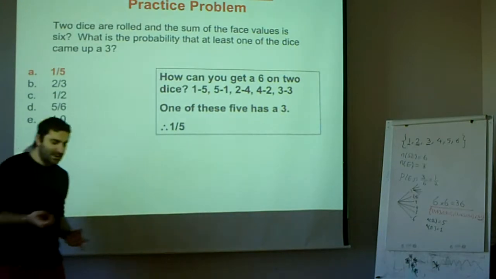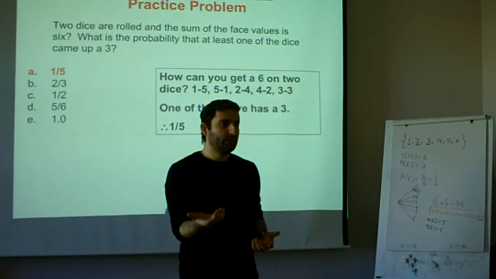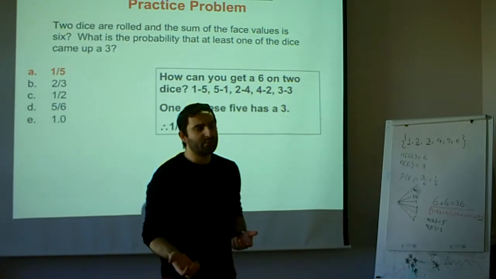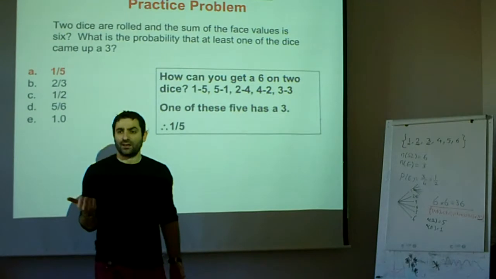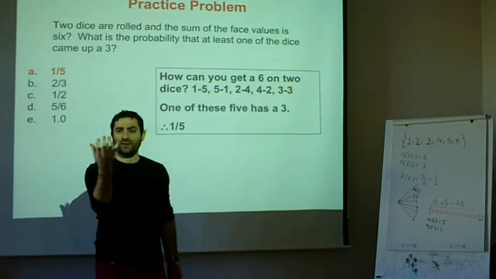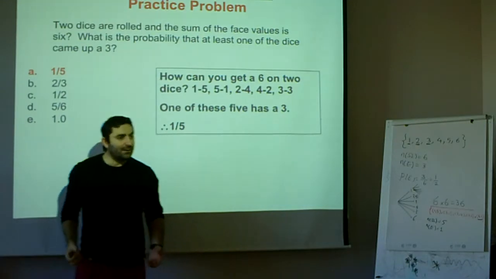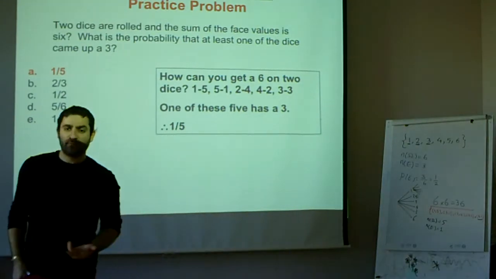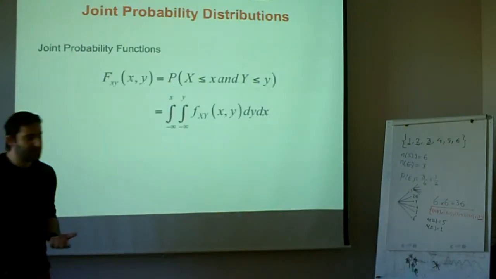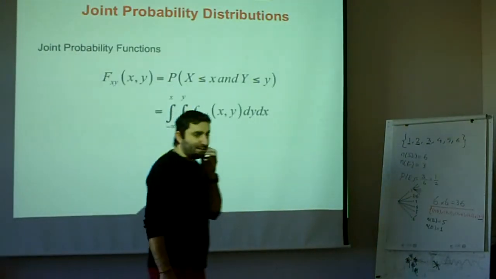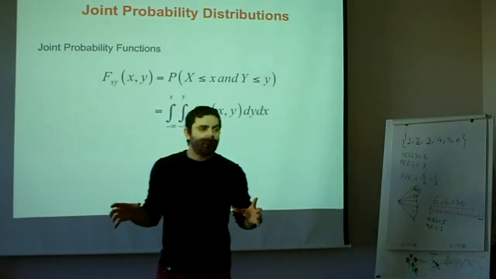For instance, I want to roll a die, which is one random variable, and the weather is sunny, which is another random variable. You can define it in a way that these two come together. So what will happen if we have more than one random variable? We are talking about something called a joint probability distribution.